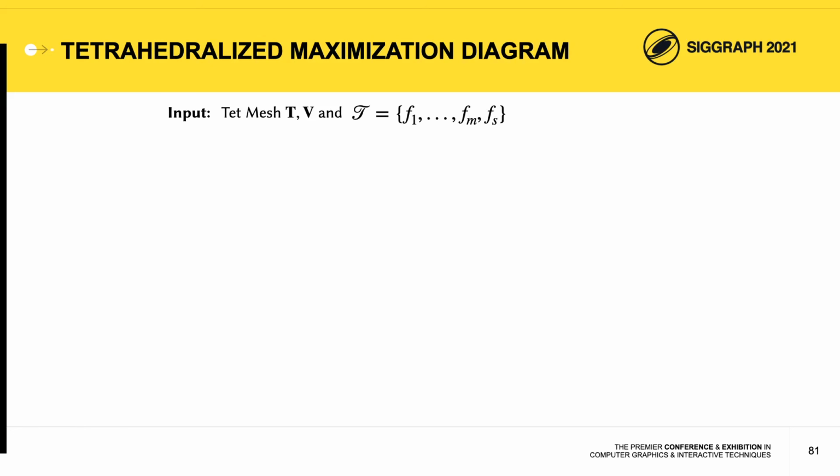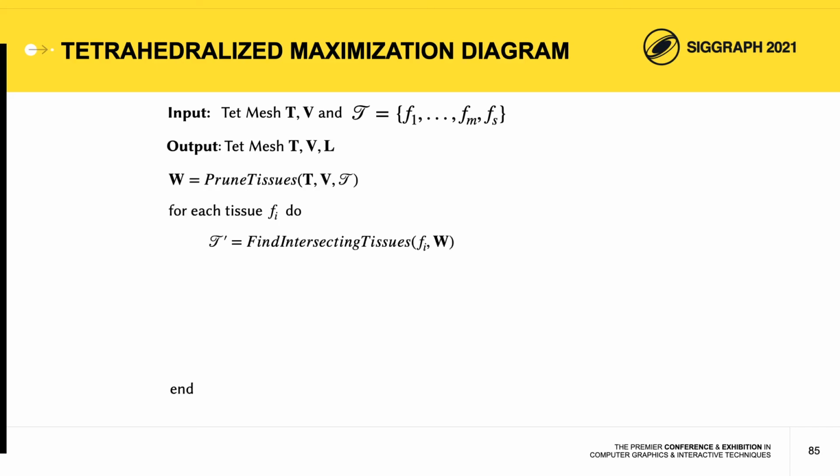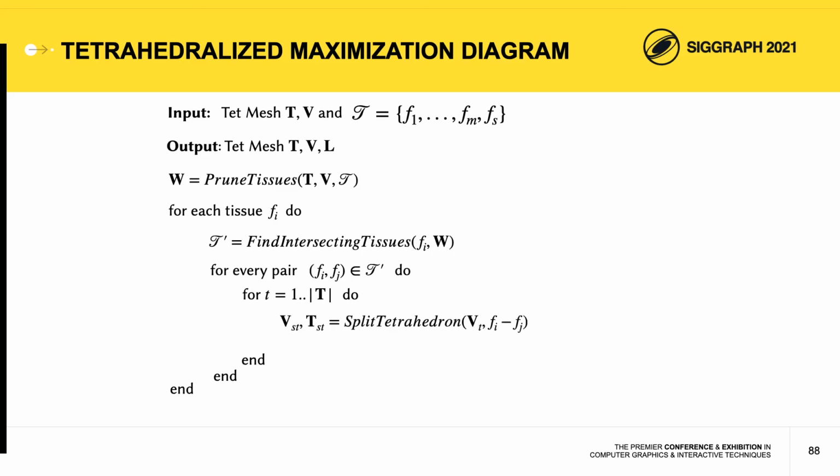Our inputs are the TET mesh and tissue functions defined over this TET mesh. Our output is the new TET mesh and a tissue labeling vector L for each tetrahedron. We first prune tissues, then for each tissue we find the set of tissues that intersect it. Then for every pair of intersected tissues, we iterate through every TET and split it if necessary along the isovalue of 0 of the new function defined as the difference between the two intersected functions.